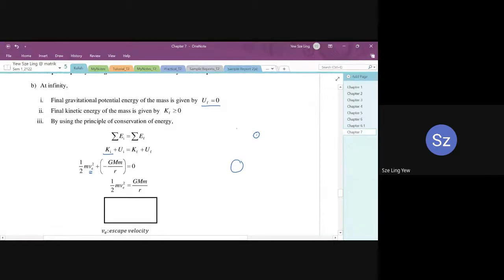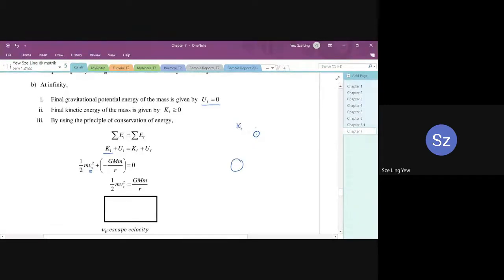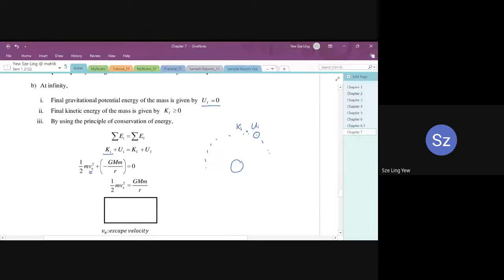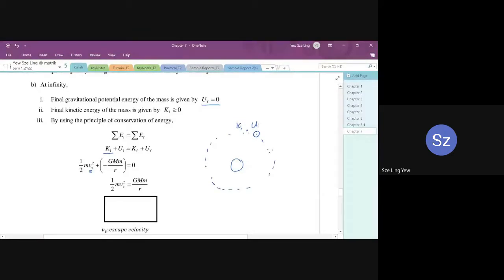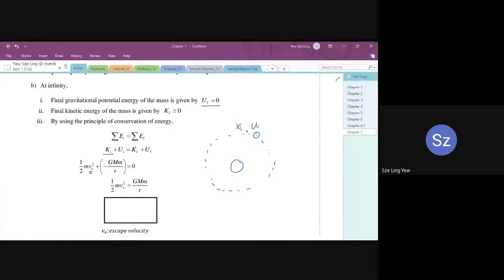So this is your K initial, and then also U initial. Maybe it's moving along the orbit, and now it wants to run away from this orbit. So when it's moving, of course, it has a velocity, and it has a gravitational potential energy.